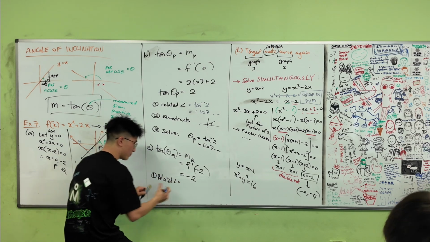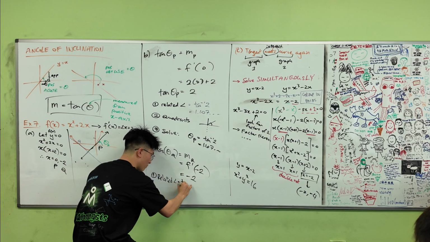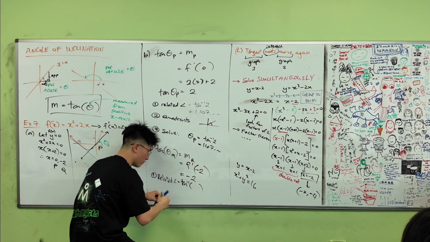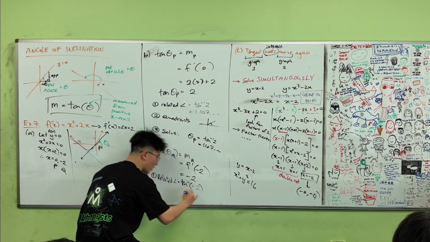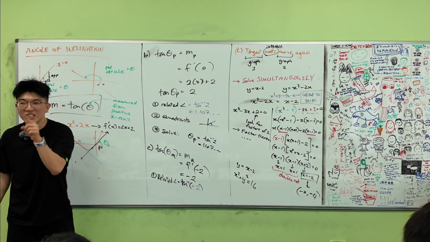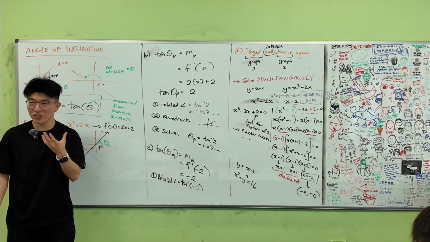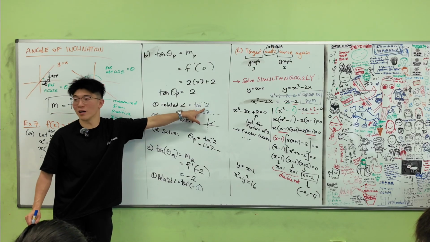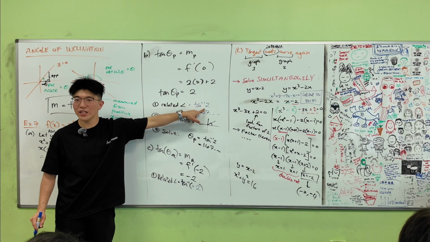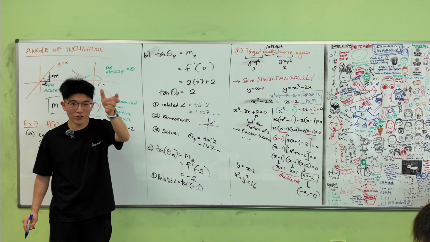For my related angle, this is the thing I want you to get in your head. In fact, can you do this for me? You know how we just did tan inverse of the number?